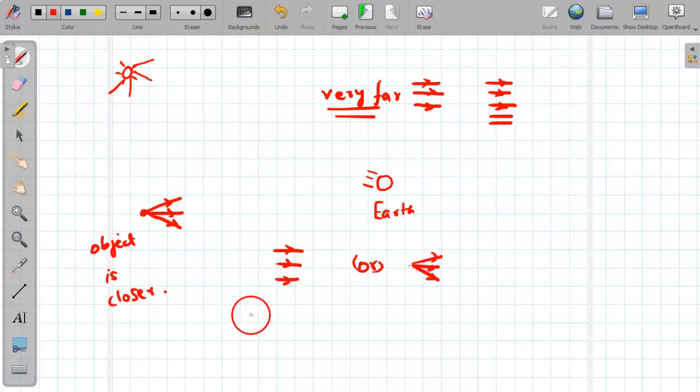If it is parallel, the object is very far. If it is diverging, the object is closer. So it is very important.